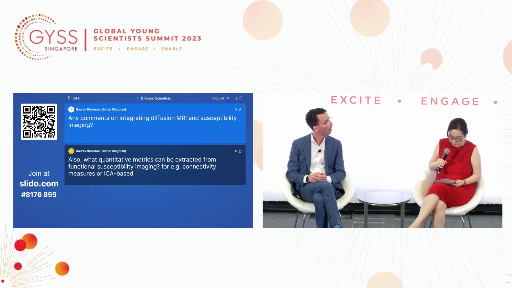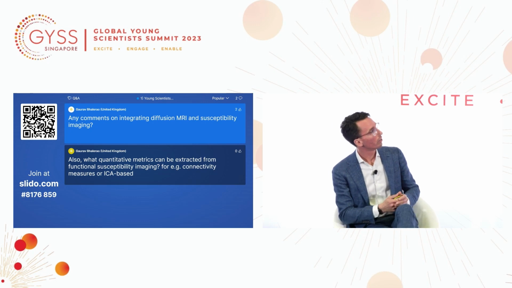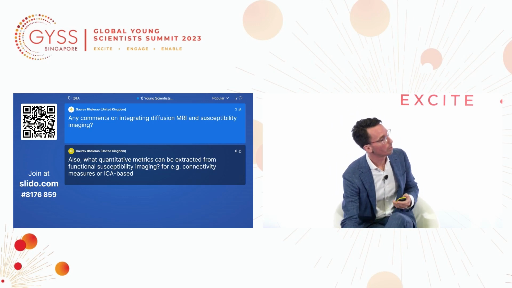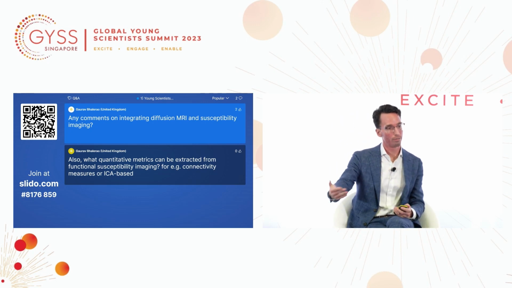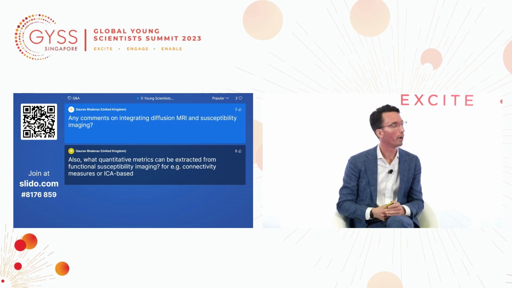So there are 2 questions online. The first one is, do you have any comments on integrating diffusion MRI and susceptibility imaging? Yeah, so diffusion MRI typically requires a number of diffusion directions that are acquired.